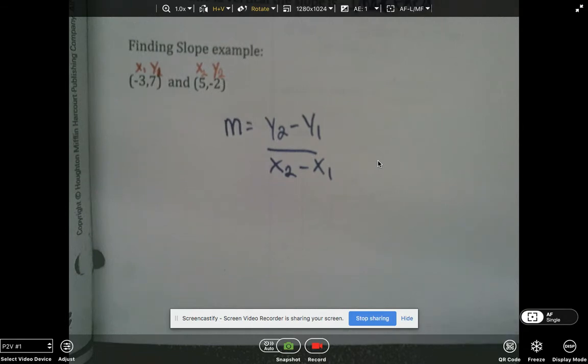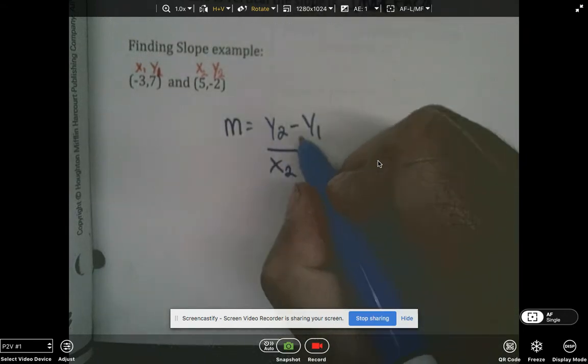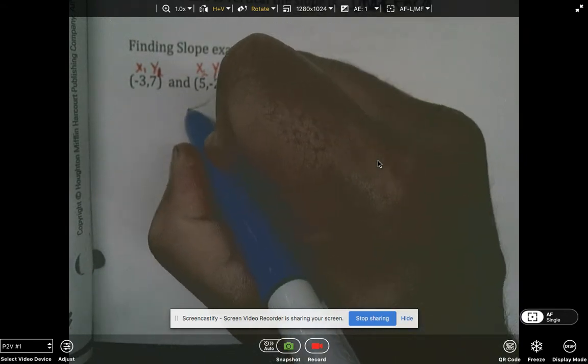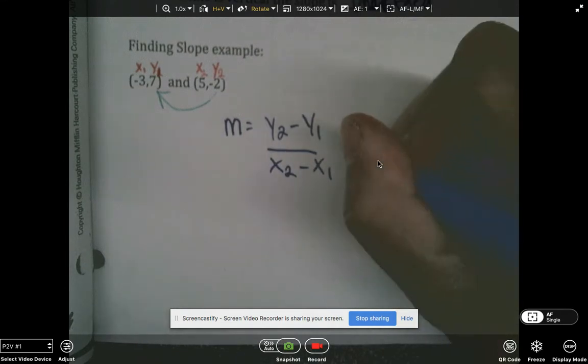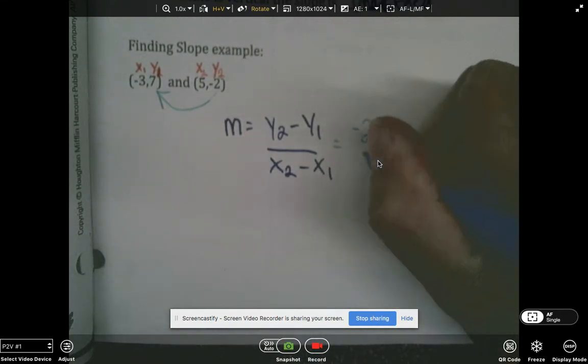I also like to, when I'm filling out the formula, put arrows. So here, I know this part's going to be y2 minus y1, so I'm going to subtract those two. So I'm going to plug that in and do -2 minus 7.